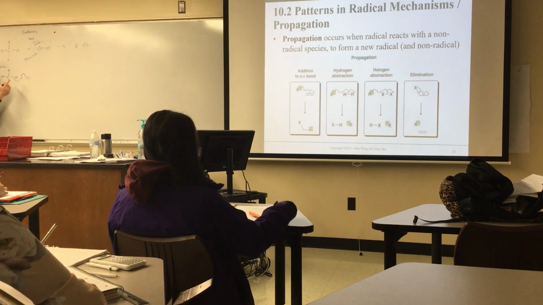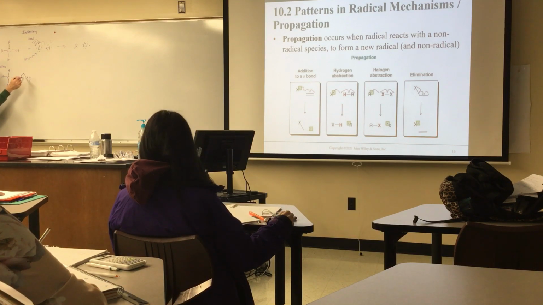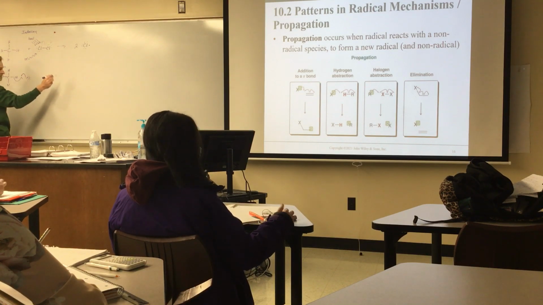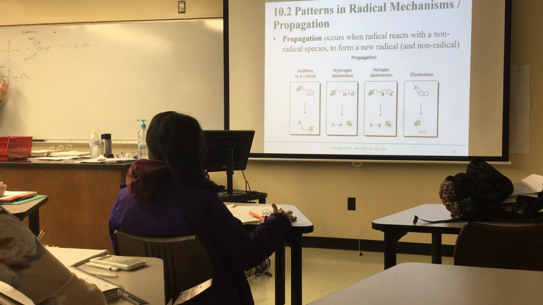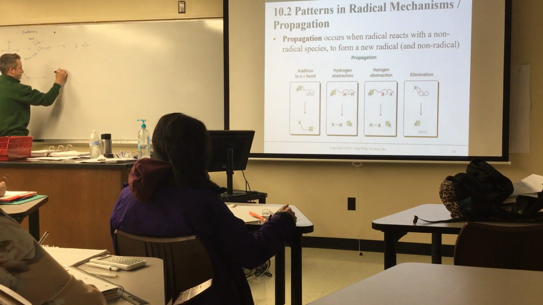Okay, so the new radical must be on this, right? So the first formation, most of you got this. Most of you got these first two arrows to give HCl as the byproduct, but you didn't know really what to do with the other electron. And the other electron is really just going to stay on carbon. And so that's your next propagation step.